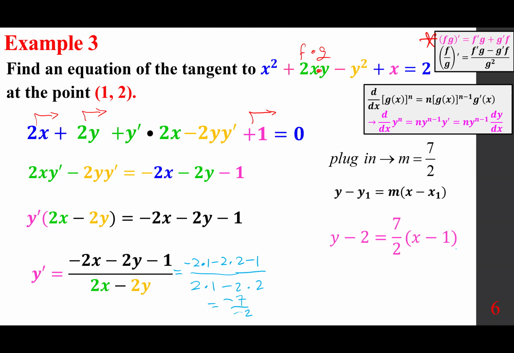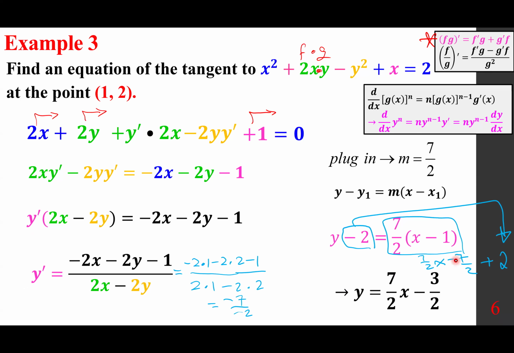So this becomes 7 halves x minus 7 halves. Negative 2 moves, becomes positive 2 or 4 halves. And therefore y is negative 7 halves x minus 3 halves.